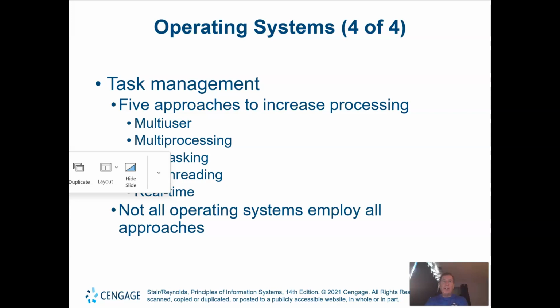And that's multi-user, multi-processing, multitasking, etc. A fine note is that not all operating systems employ all of these approaches to task management. So a general purpose operating system may use Windows or Mac OS as the operating system, and it's not going to support real-time processing along the way.